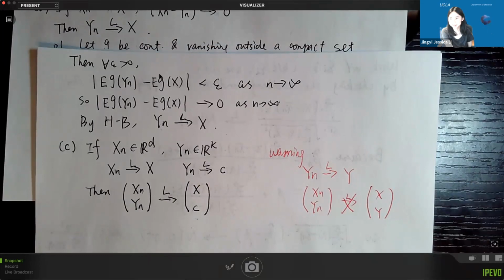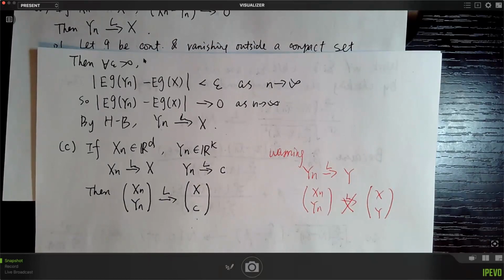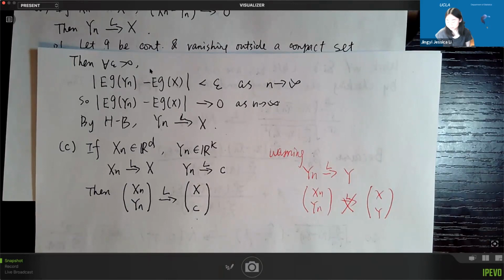What I want to say is that to talk about joint distribution, you need to worry about the dependence. But here in our condition, there's no dependence between Xn and Yn at all. So we can easily construct a counterexample.